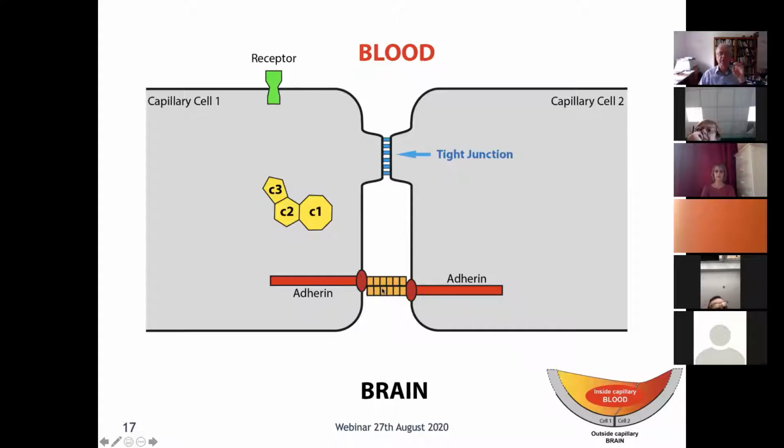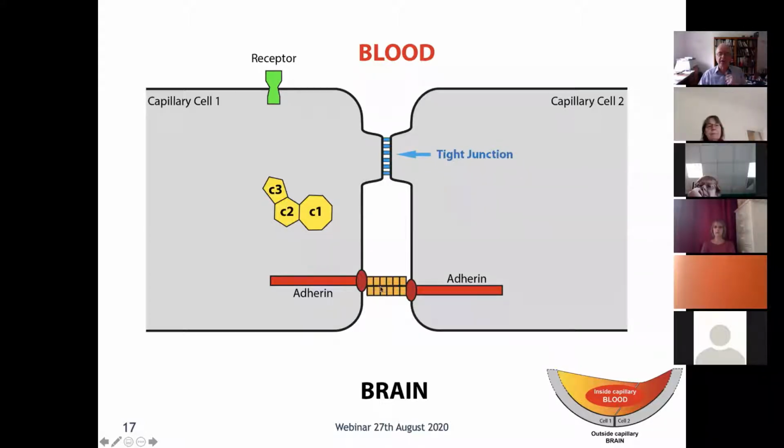They join. Thank you. They join with these 6 elements from the other side, and so what you have then is an aderin molecule, which is the red bit and the orange bit, linked to the aderin from the adjacent cell, and this holds these 2 cells together.